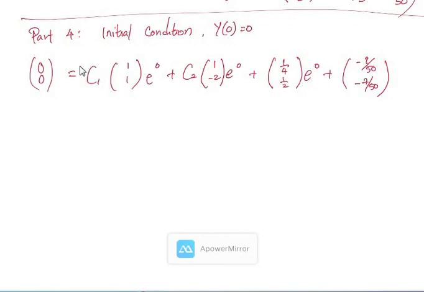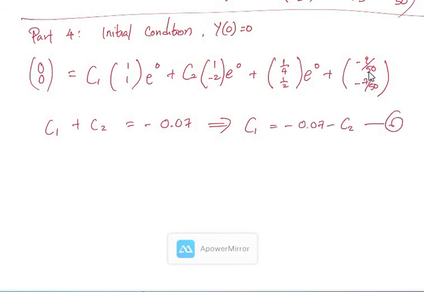So from here, we can get an equation C1 plus C2 equal to, and we solve this part and this part, we get negative 0.07. So C1 equal to negative 0.07 minus C2. This is equation number 6. And C1 minus 2C2, the second row, we solve this one and this one, we get negative 0.36.